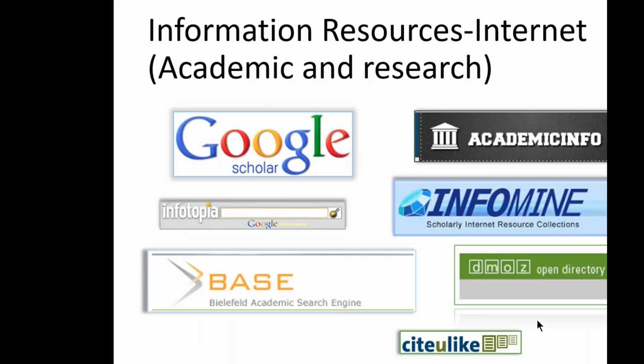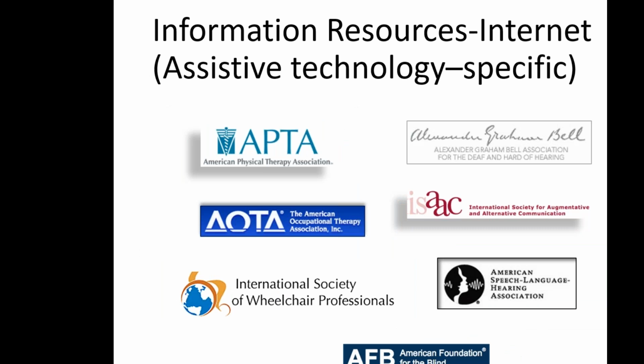Some other places, so this is just a couple slides showing different places that you can get information. So Google, academic information, BASE, Infotopia, AOTA, ISAC, ASHA, APTA, so all of your other professional organizations.